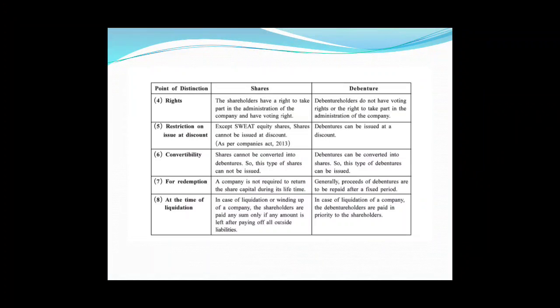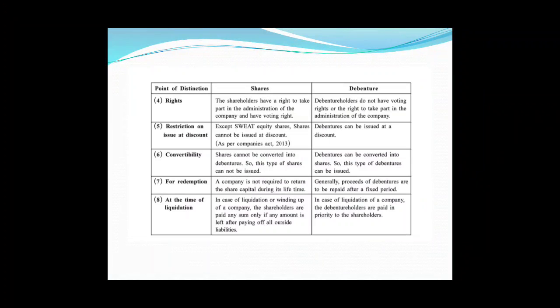And at the time of liquidation, in case of liquidation or winding up of a company, the shareholders are paid any sum only if any amount is left after paying all outside liabilities. That means first of all outside liabilities are paid off, and then if anything is left from that, shareholders get something, right?